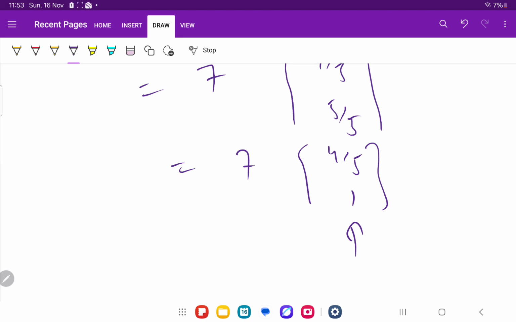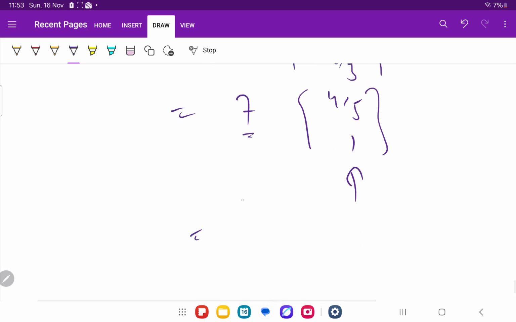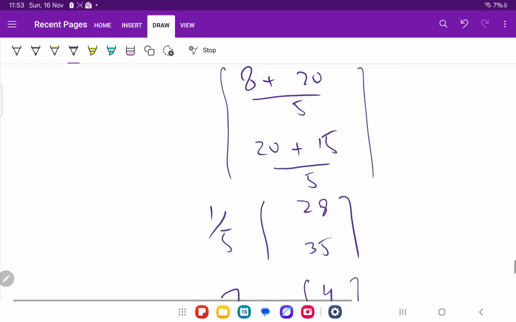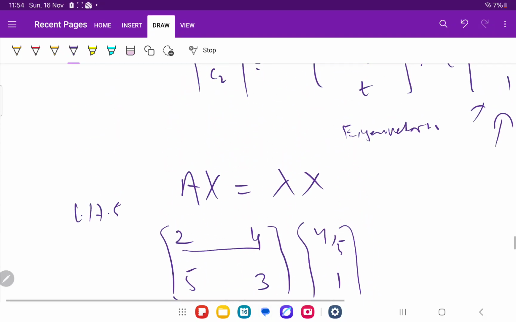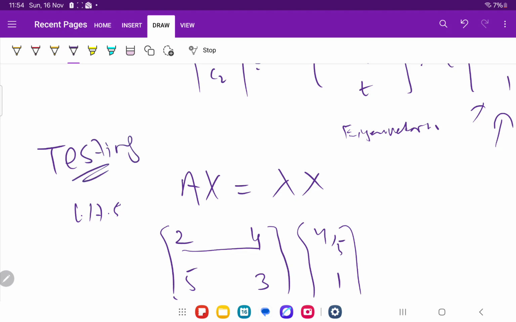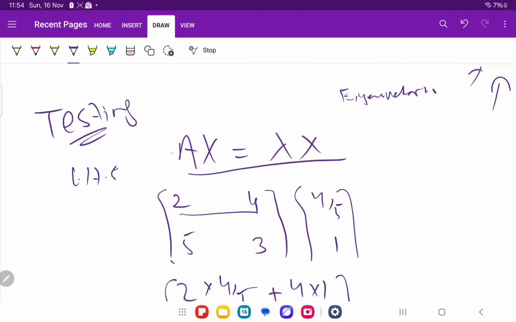Okay, this is the eigenvector you have obtained, and this is the eigenvalue. So you have lambda and x, so this is your x. So this is only the testing. I'm just doing the testing for you, so I don't need any testing. So here is the equation, Ax is equal to lambda x.